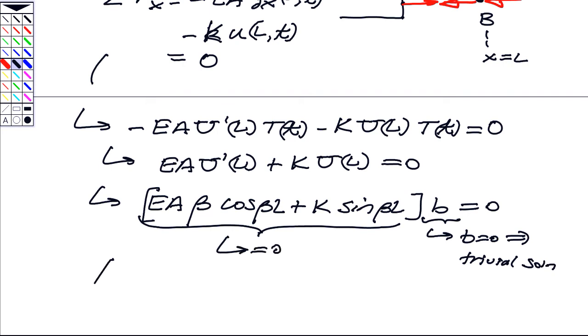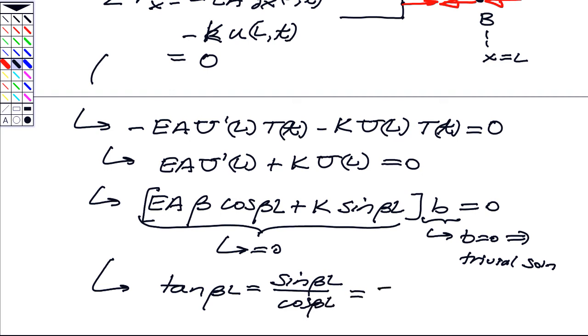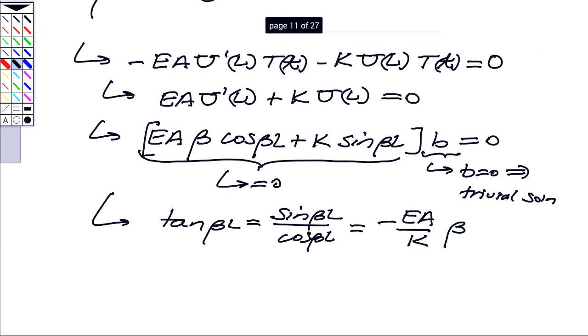So when I set that equal to 0, and I solve for tan beta L, tan being sine over cosine, I get minus EA over K times beta. And I'm going to rewrite the right-hand side slightly differently.